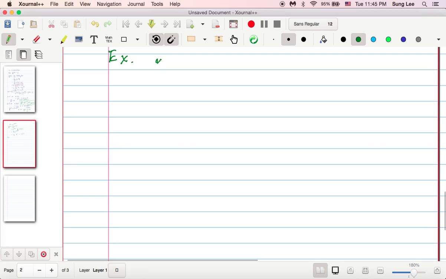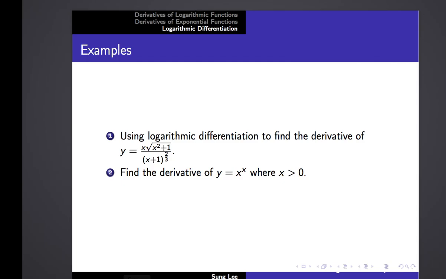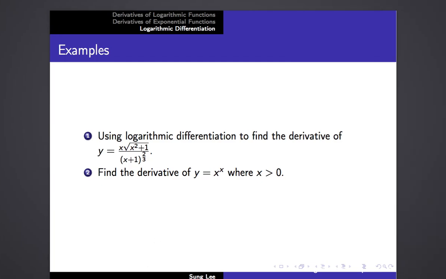The function here we have is y equals x times square root of x squared plus 1 over (x plus 1) to the power 2/3, right? That's what we have. Let me check. I just want to make sure that I got the right thing. Yeah, looks like it.